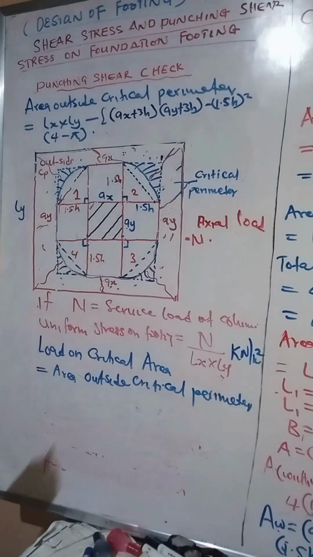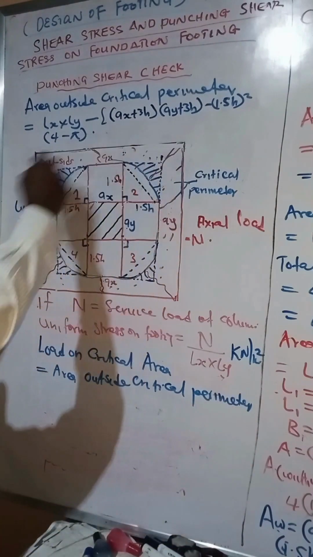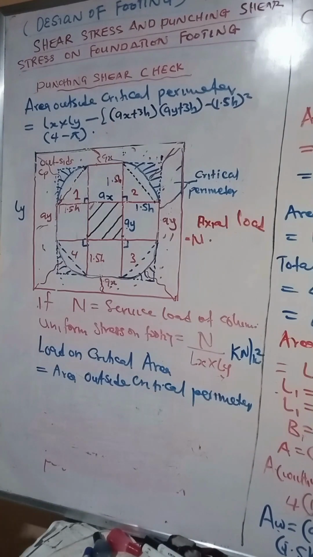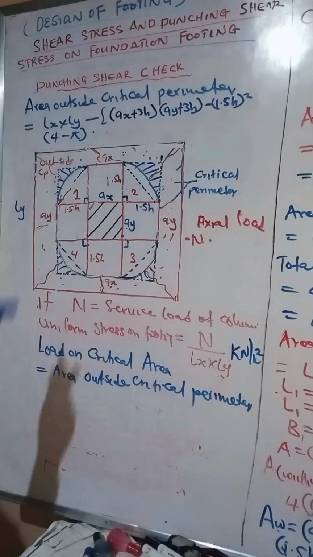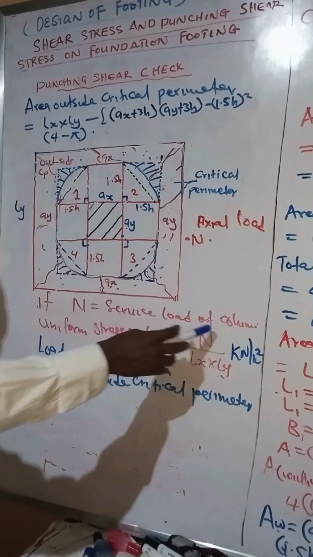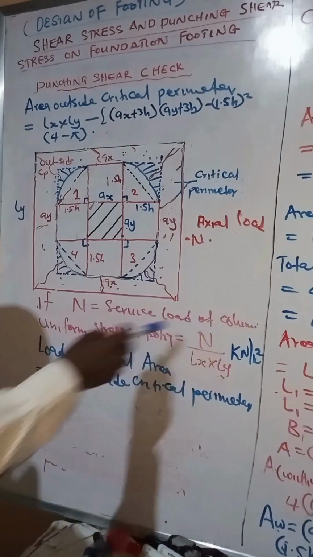So we'll look at the critical area for punching, which is the area outside the critical perimeter. We need to look for the equivalent load that will be acting. If we have N kilonewton as axial load acting on the entire surface, what will be the equivalent load acting on that particular area? The equivalent load will just be that area multiplied by our stress in kilonewton.